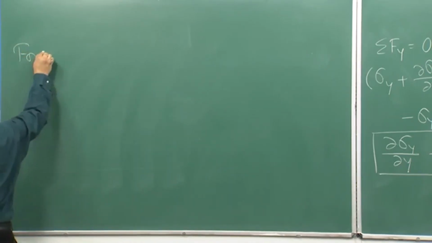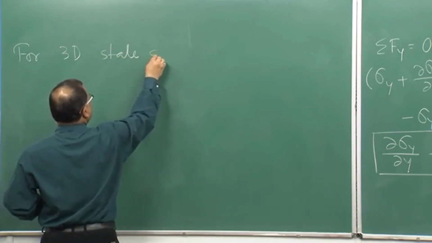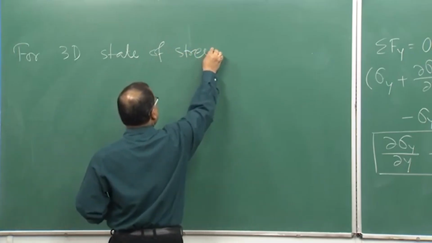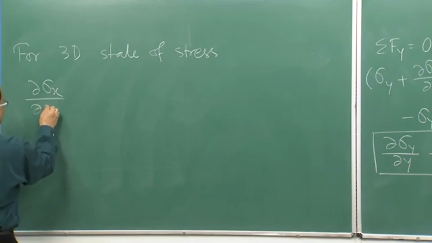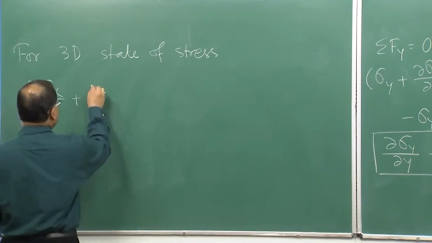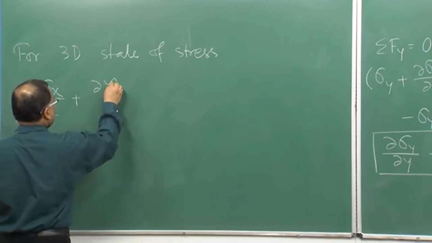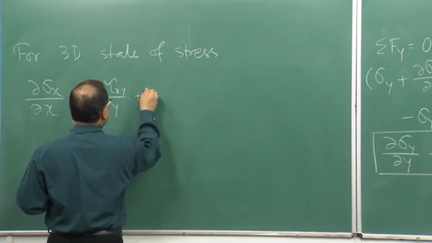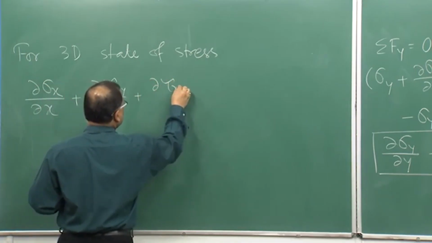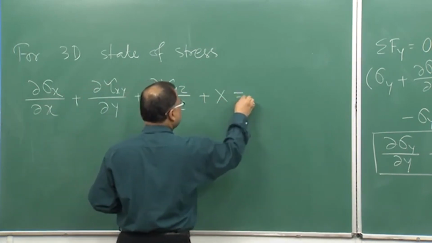For the 3D state of stress, your equation 1 will be modified like that: del sigma x by del x plus del tau xy by del y plus del tau xz by del z plus body force term equal to 0.